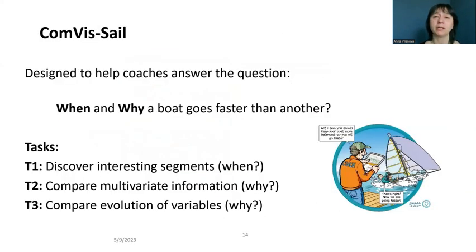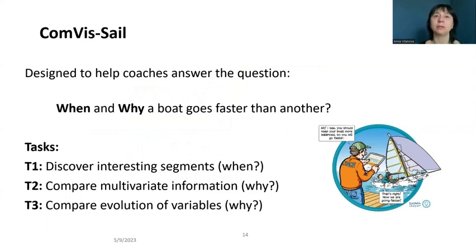So in our work, we present ComVis-Sail, and we try to design a visual analysis tool that helps coaches analyze this type of data. The main questions that the coaches have are when and why a boat performs better than another, so goes faster or reaches the goal faster. This can be divided into three different tasks.